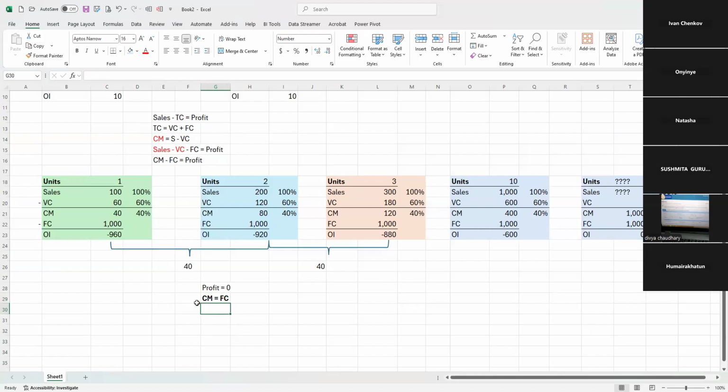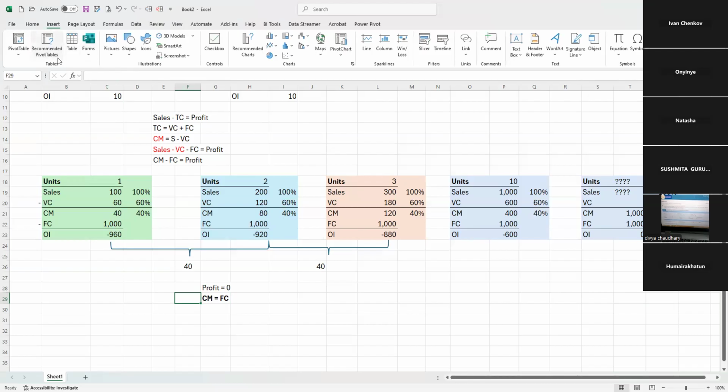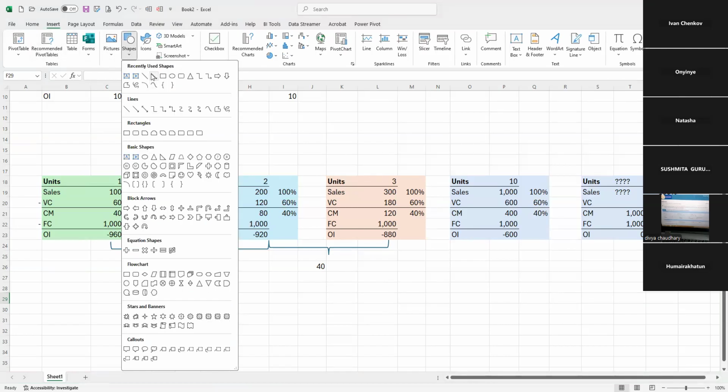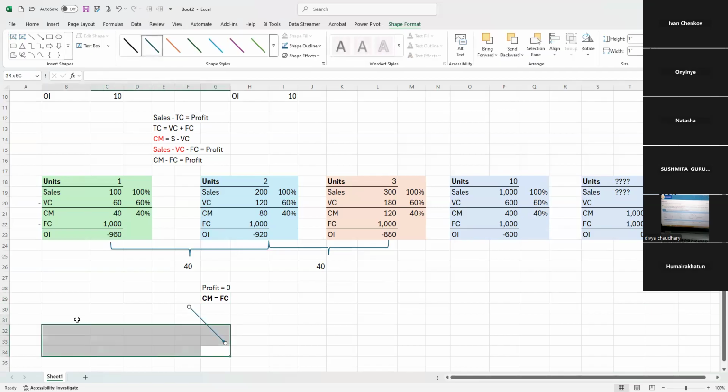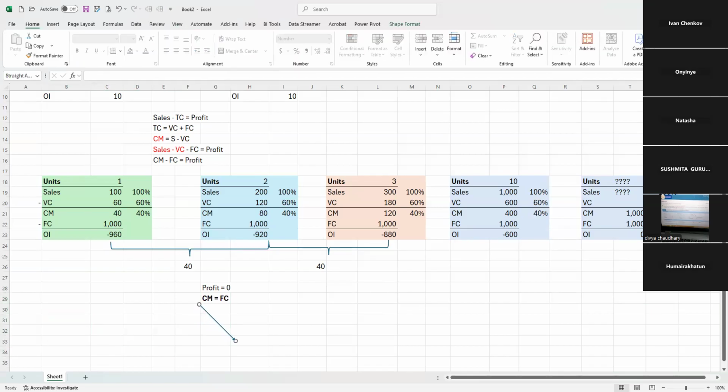Now, what are we chasing again? We're chasing 2 points here. The first one is how many units we need to sell. The other is how much my total sales should be, as a dollar amount.